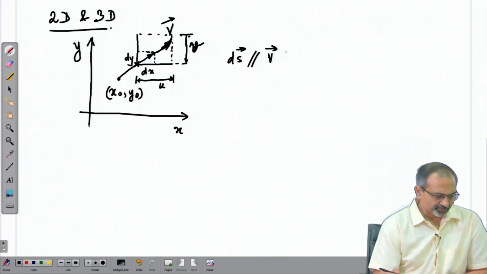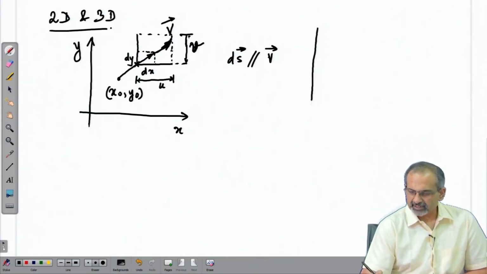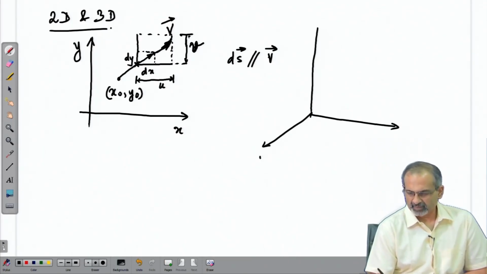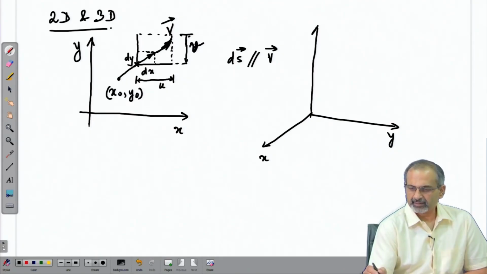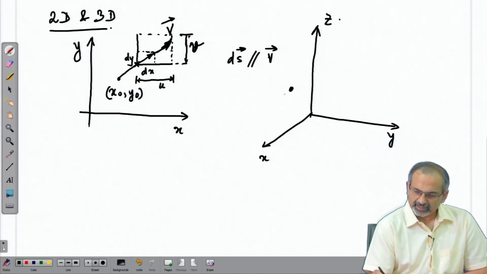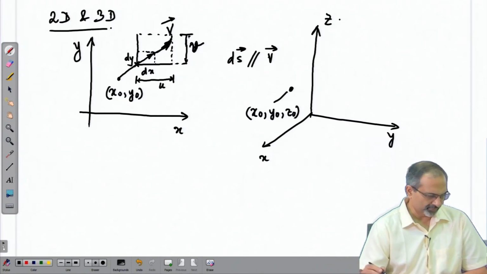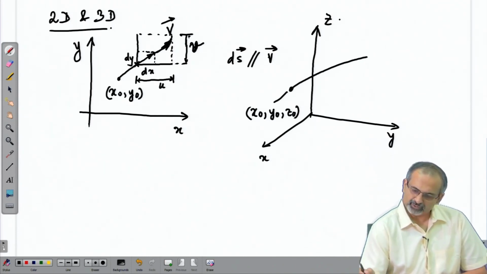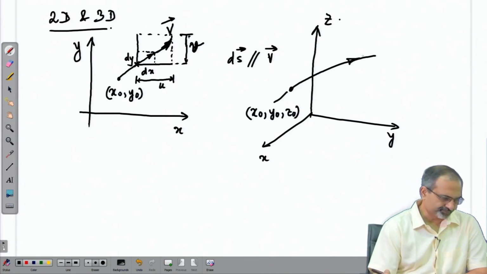Okay. So, if you were to look at this picture in 3D, then you have the xy plane and the z. You similarly have a starting point here, x naught, y naught, z naught, let us say, and you have a streamline moving through the 3-dimensional space.